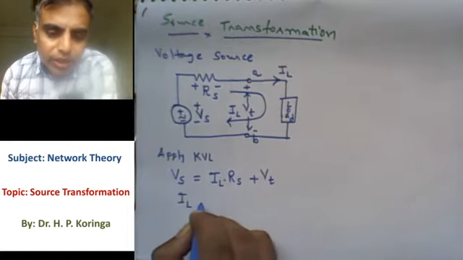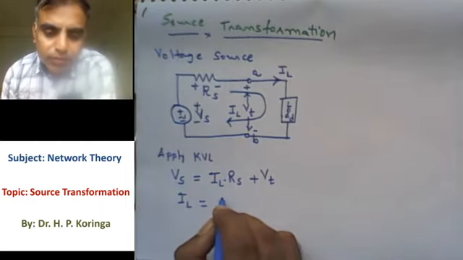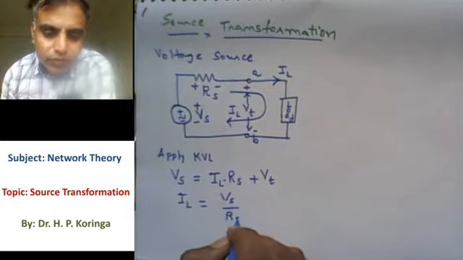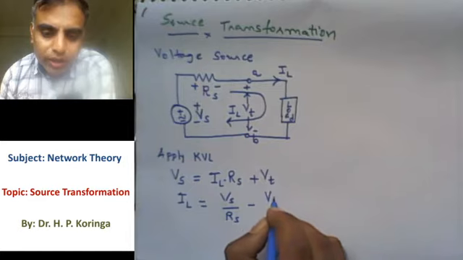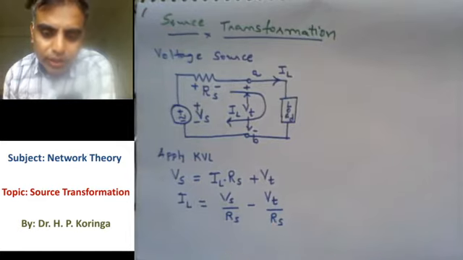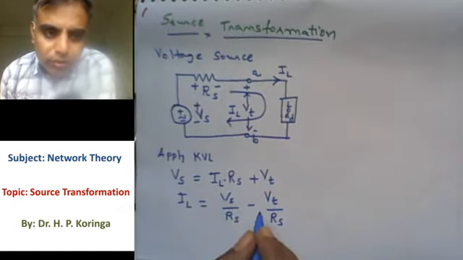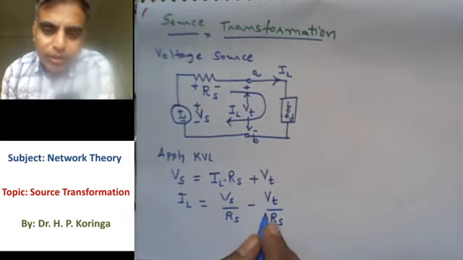Now we can write it by making the load current the subject. It can be simplified in terms of load current: IL is equal to Vs divided by Rs, and taking Vt to the other side, minus Vt divided by Rs. So the current is the subtraction of two currents, which is nothing but a parallel circuit.